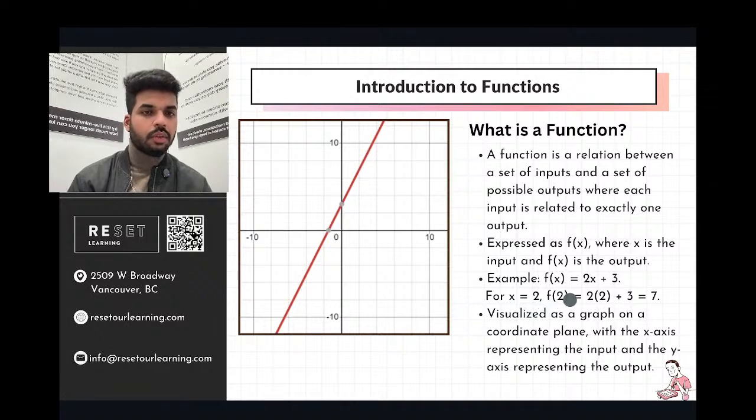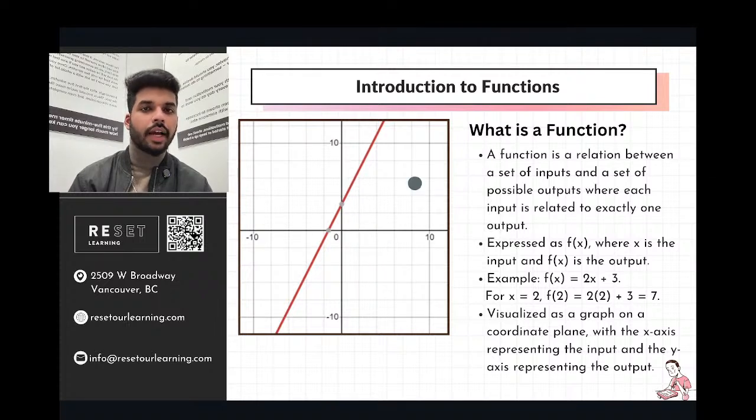We substitute x equals 2 in the original equation, do the math, and we get 7. So when x equals 2, f of x or y equals 7, and we can see in the graph that at x equals 2, y equals 7.